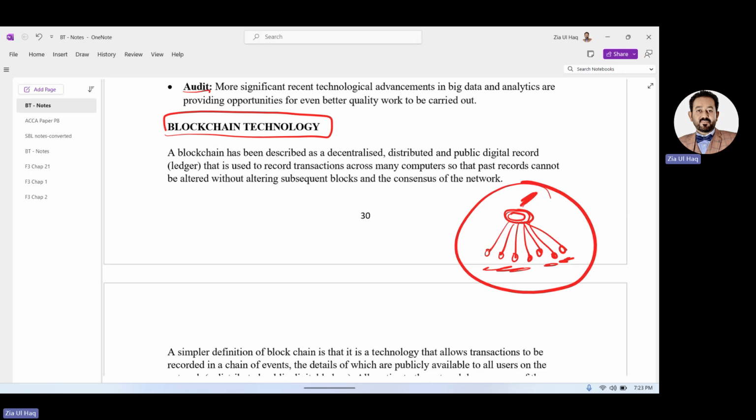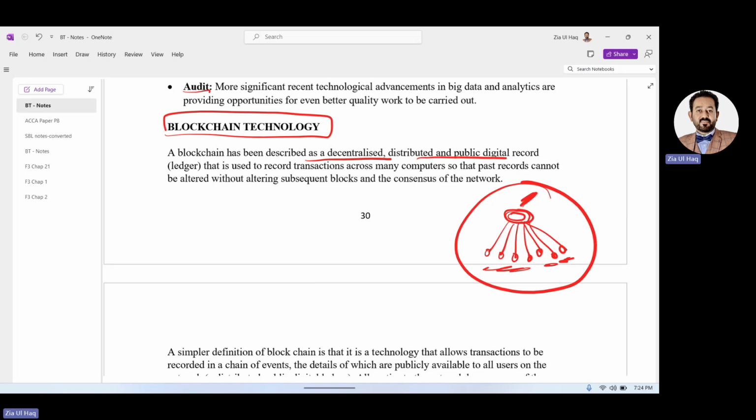Through this technology, a user can access the data of one computer and alter that, but cannot alter the other computers' data. WhatsApp is like this; it uses blockchain technology. So a blockchain has been described as decentralized. Decentralized means you have shared the file with other computers, so other computers have also processed and stored that file.